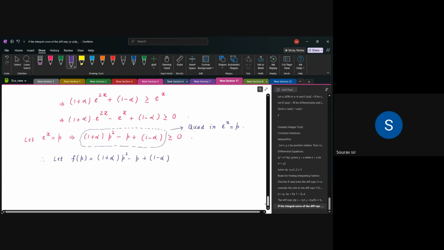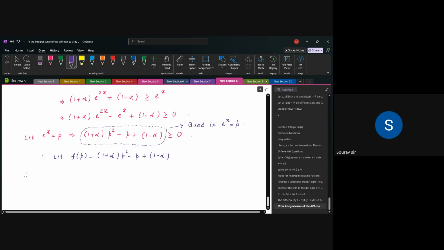Then the question we are trying to solve is to find alpha such that f of p is greater than or equal to 0. We want to find such values of alpha such that this quadratic is always positive. Agreed, everyone? Is this making sense?